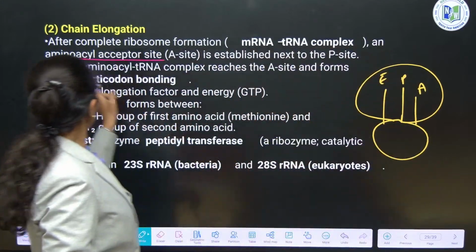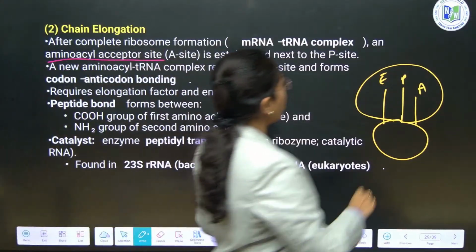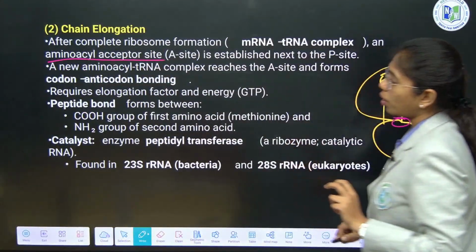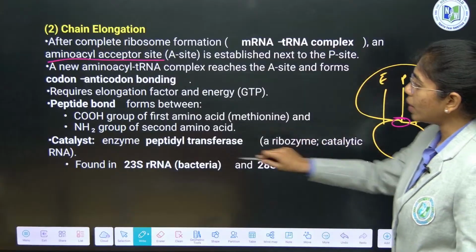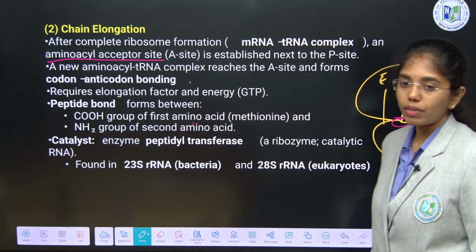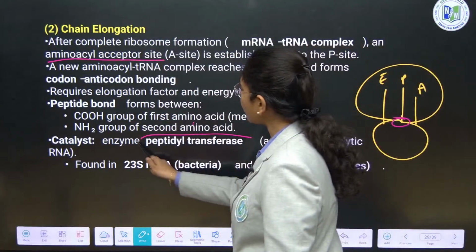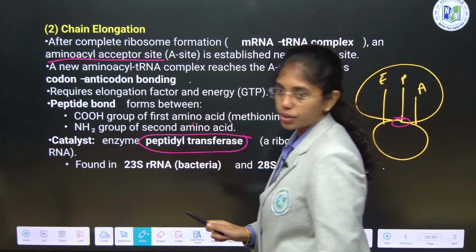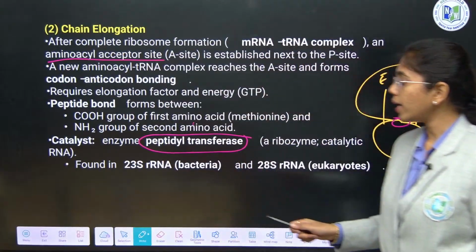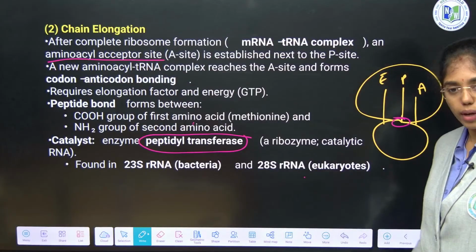Fine. A new aminoacyl tRNA reaches the A site and this forms what? A codon anticodon bond. A peptide bond is formed between the carboxyl group of the first amino acid and the amino group of the next amino acid. And here what is the catalyst? Peptidyl transferase is the catalyst. This is found in 23S rRNA in bacteria and 28S rRNA in eukaryotes.